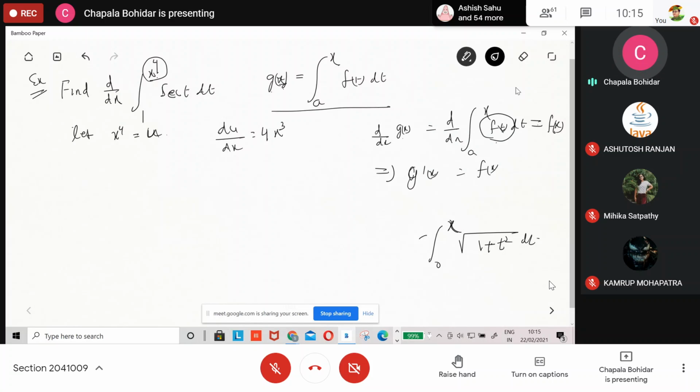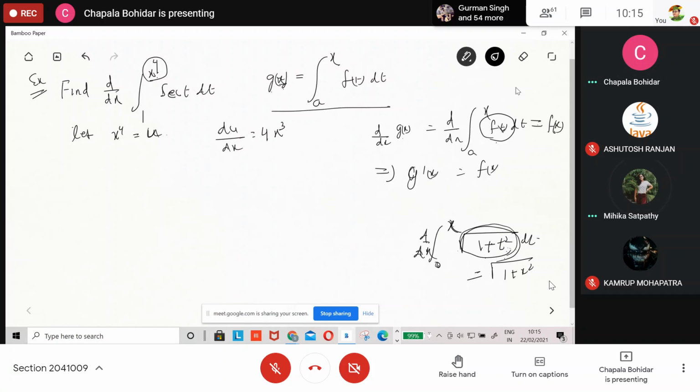I can write it as root over 1 plus x square, because this function is continuous and also differentiable everywhere. It is continuous from 0 to x, and the domain is greater than or equal to 0.